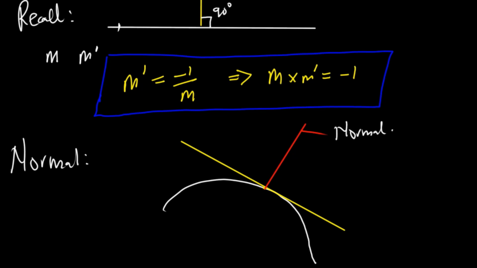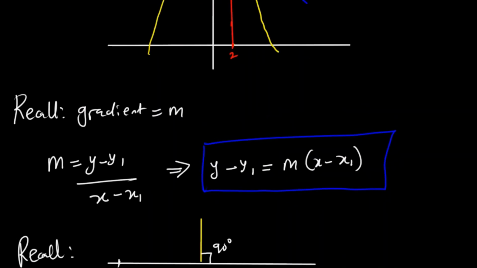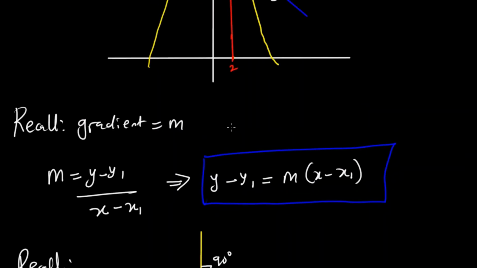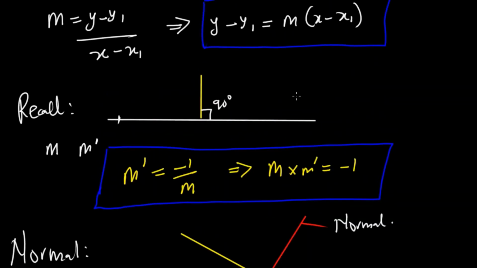So now let me take us back to the equation of a straight line. From the equation of a straight line, we have y minus y1 equal to m bracket x minus x1. If you are trying to look for the equation of the normal, we take it that the two lines are perpendicular to each other, meaning that if you multiply the gradients, you must get -1.